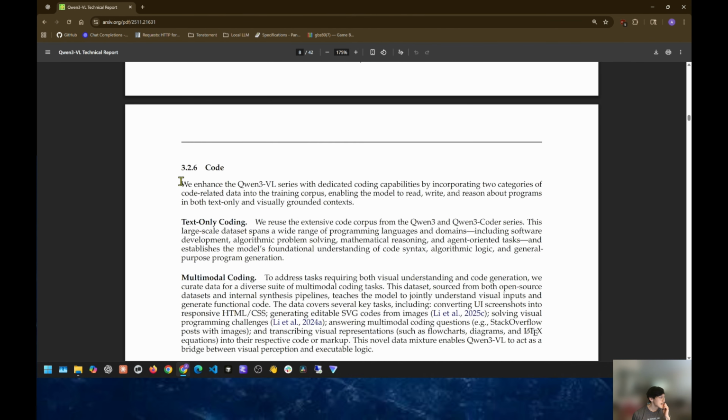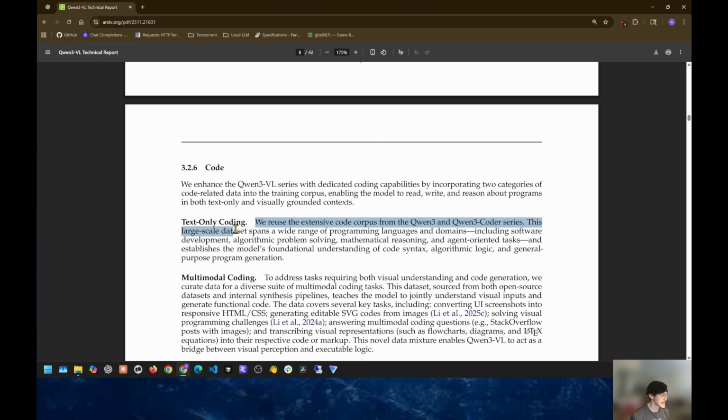Code. We enhance the Qwen3-VL series with dedicated coding capabilities by incorporating two categories of code-related data into the training corpus, enabling the model to read, write, and reason about programs in both text-only and visually grounded contexts. Text-only coding. We reused the extensive code corpus from the Qwen3 and Qwen3-Coder series.